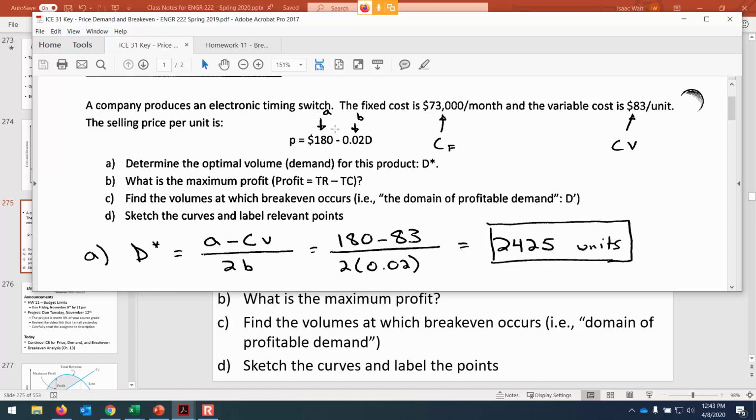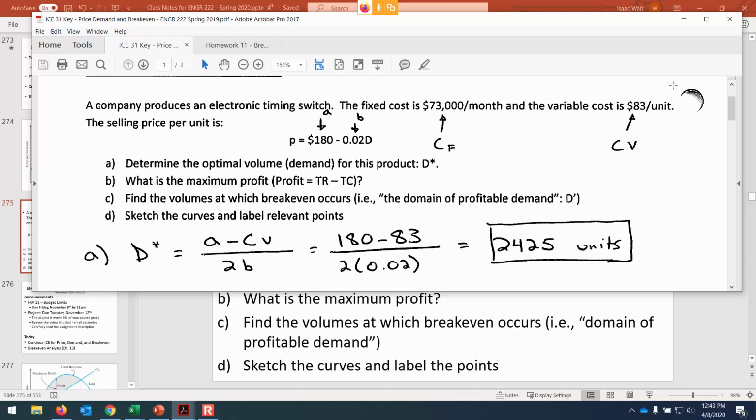And so $180 is A, and the slope of that price demand curve, 0.02, is B. And it's not negative 0.02, it's just 0.02. The minus sign is in the equation, it's not assigned to the variable. And then the variable cost per unit is $83.